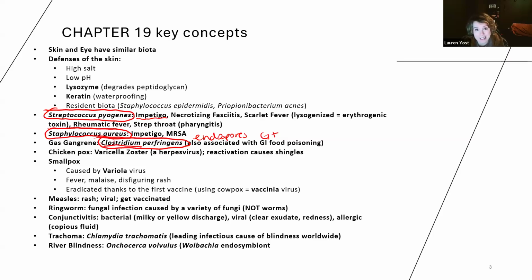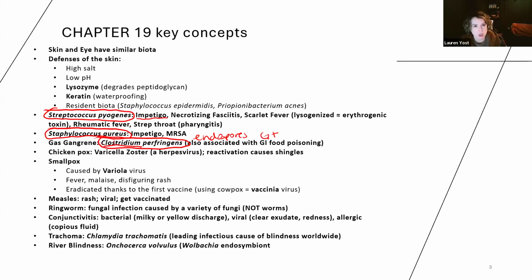There were no more cases since 77, and we had such widespread protection from the vaccine that they actually stopped recommending it because it was unnecessary. We've had no human cases of smallpox in the world since 1977. So it's been eradicated thanks to vaccination, a disease that existed on the planet for thousands of years that no longer exists naturally on this planet. And that's quite an achievement.